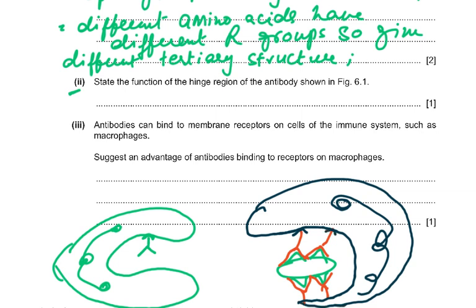And then it has receptors to which these antibodies bind, and then it's going to engulf, and that's going to be a phagolysosome, and that's going to digest this pathogen. So what you've got to understand is why is it important to suggest an advantage of antibodies binding to receptors on macrophages. So easier for the macrophage to engulf the antibody antigen complex and facilitates the destruction of the pathogen, so the person is not going to suffer from the disease.